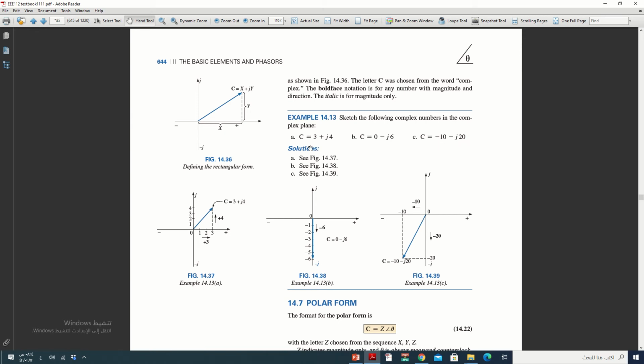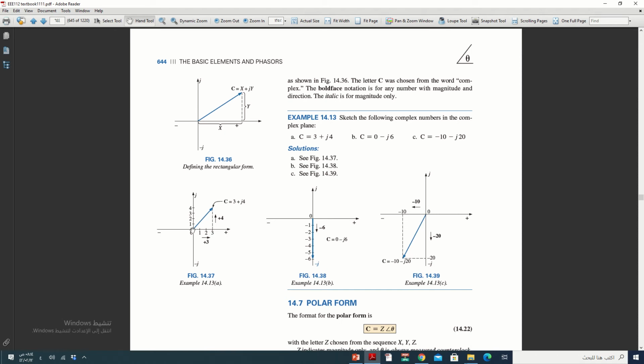Let us see, for example, 3 in the real number, 1 2 3 in the real axis, and then you can go for imaginary. If it is not plus j4 but minus j4, you can go down, and then you draw the resultant between them.